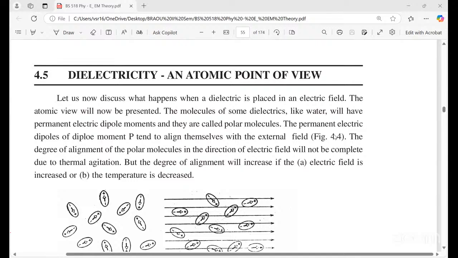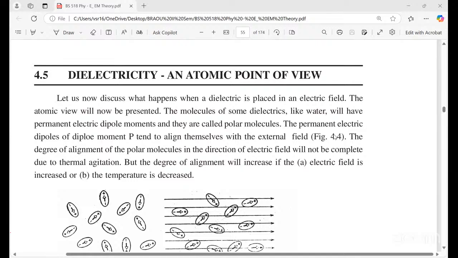The product of the magnitude of the charge and the distance between them. The magnitude of the charge is Q and the distance between them is 2L. So the dipole moment P equals Q into 2L. The H2O molecule has a permanent electric dipole moment.